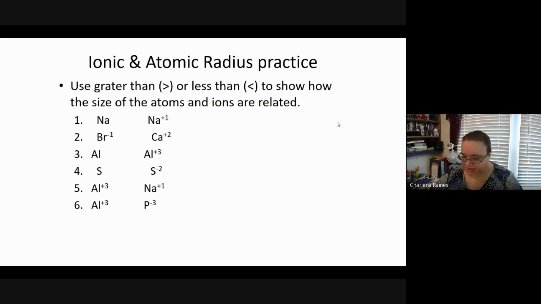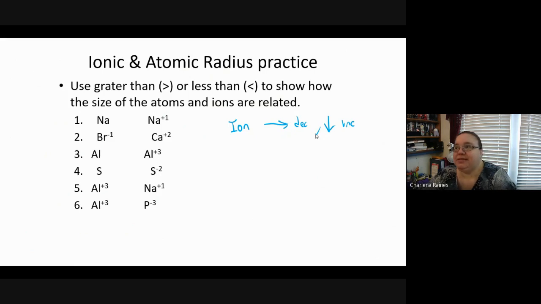So in this particular example, we're comparing elements to ions, neutral elements or ions, to other ions. Now, that general trend that we saw for ionic radius of increasing down and decreasing across works great if we're comparing 2 different elements.